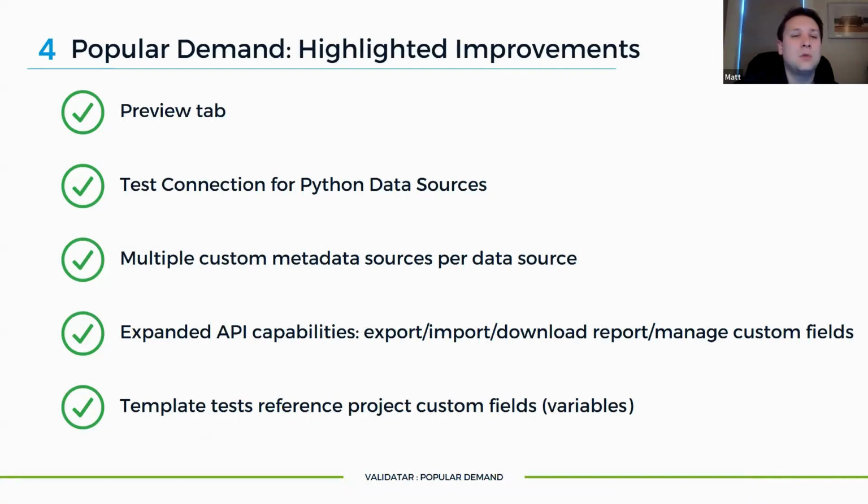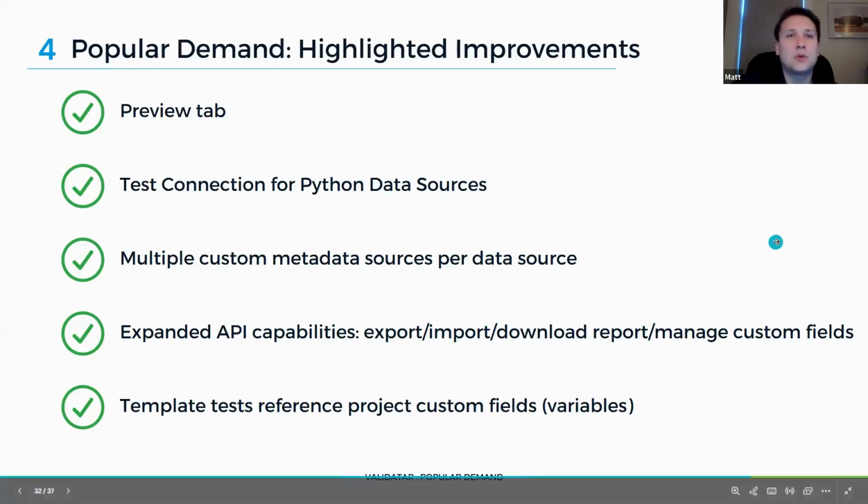So when you pick up a whole suite of tests from one project and import them into another project, they can immediately have changes reflected in them based on the project custom fields potentially being different. We've had that at the data source level, but now it's at the project level as well.